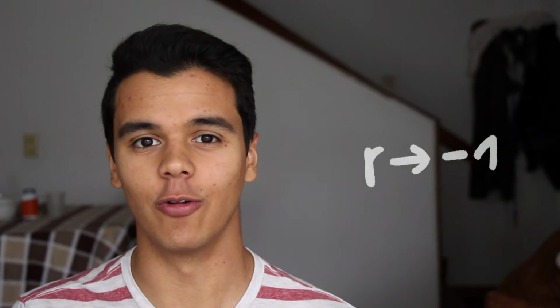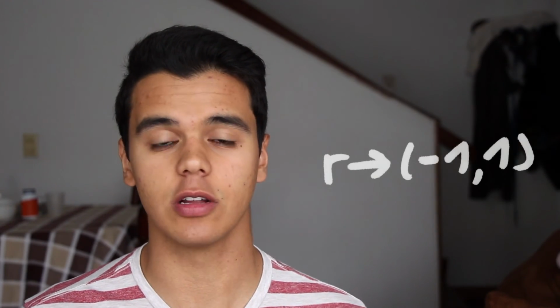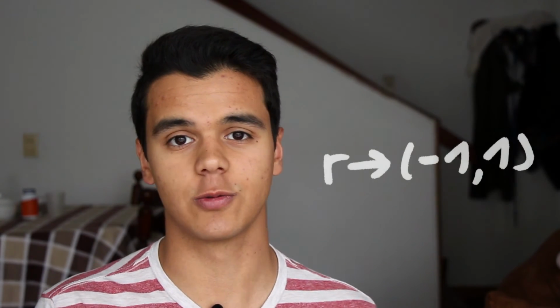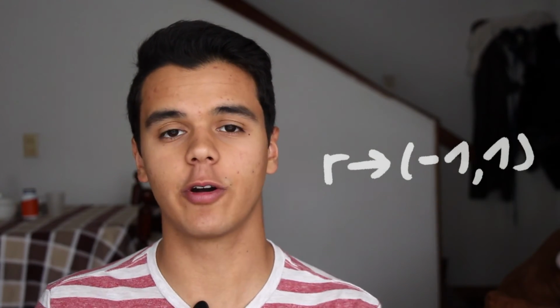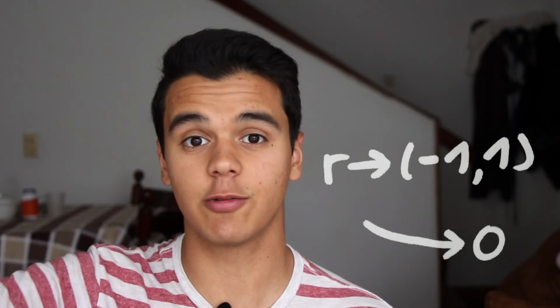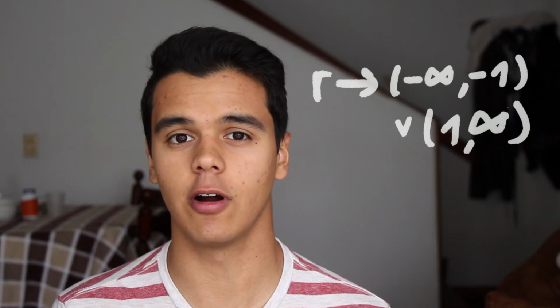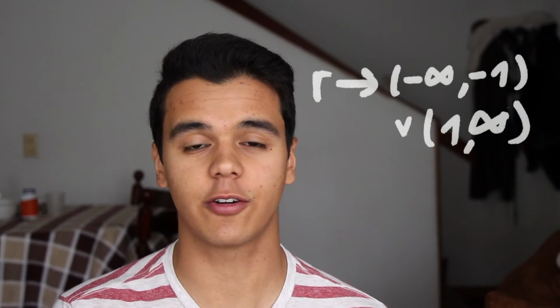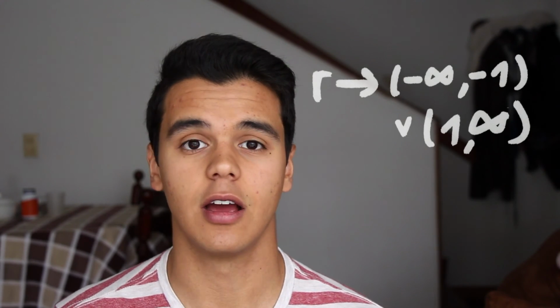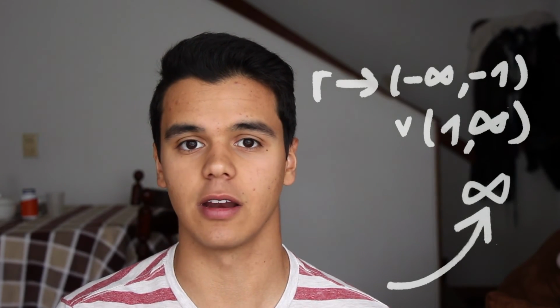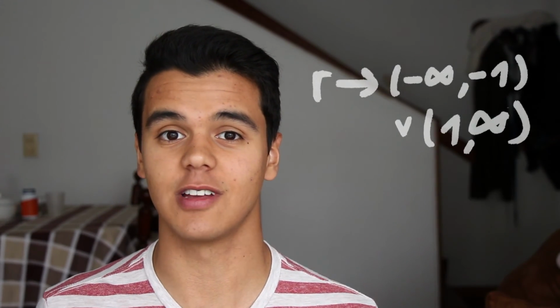So if the initial term was 3, then it will alternate between 3 and -3 over and over again. If the common ratio is between -1 and 1, so it's a fraction, then the terms will be decreasing over and over again until, when the sequence approaches infinity, they will tend to be 0. Finally, if the common ratio is greater than 1 or less than -1, then the terms will be increasing over and over again until they approach infinity, and we would say that the sequence diverges.